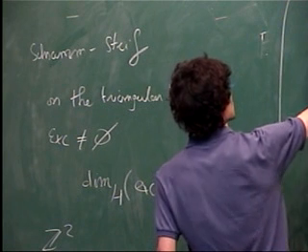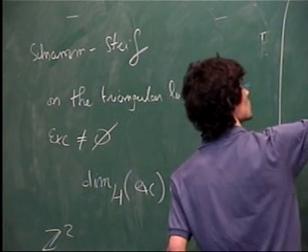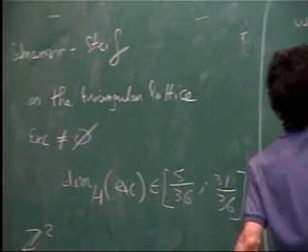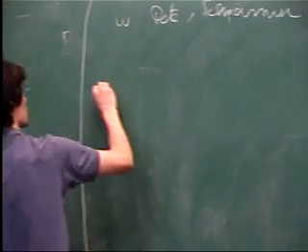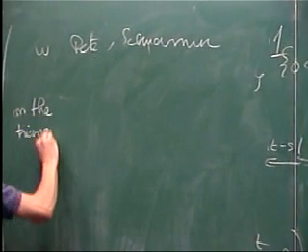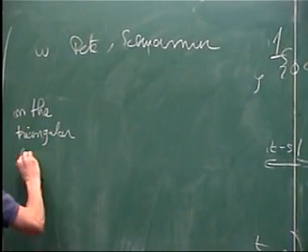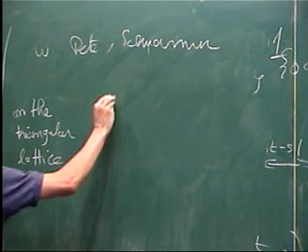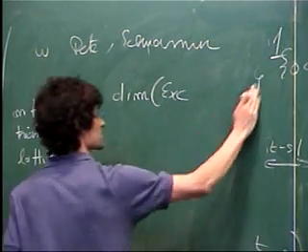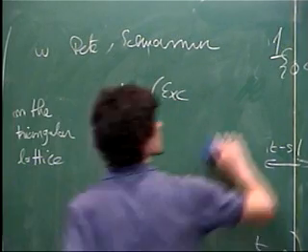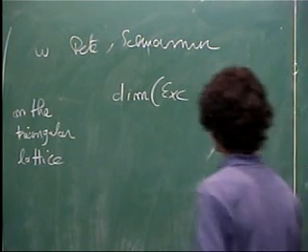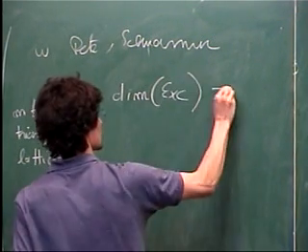So with Pete and Schramm, on the triangular lattice, the dimension of exceptional times is 31 over 36.